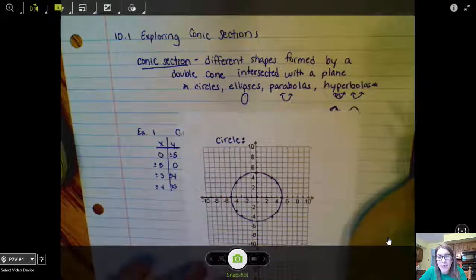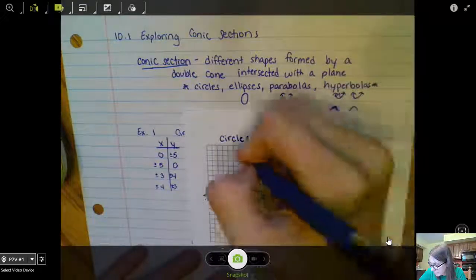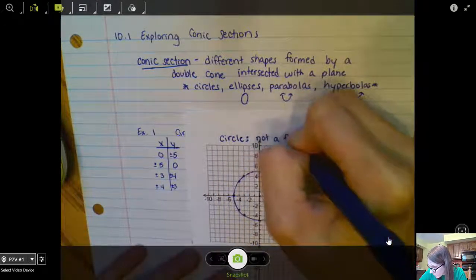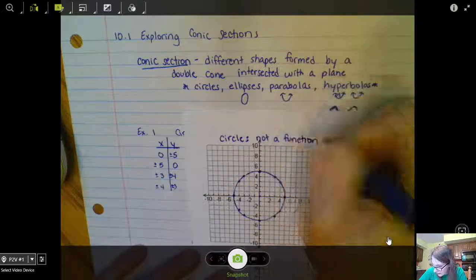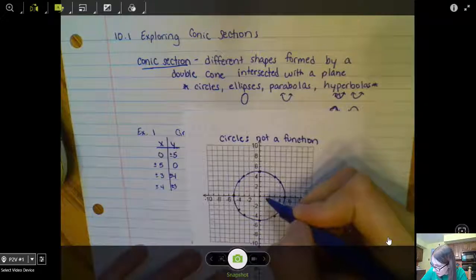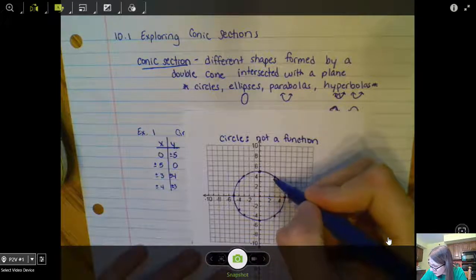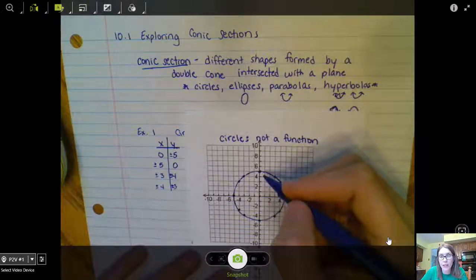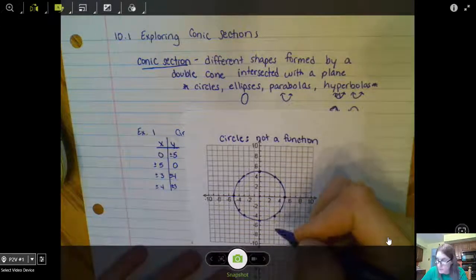First of all, is it a function? No, it's not a function. It's not a function because my x value of 3, for example, has 2 y values to go along with it, 4 and negative 4. So it's not a function. You might also think the vertical line test, it doesn't pass.